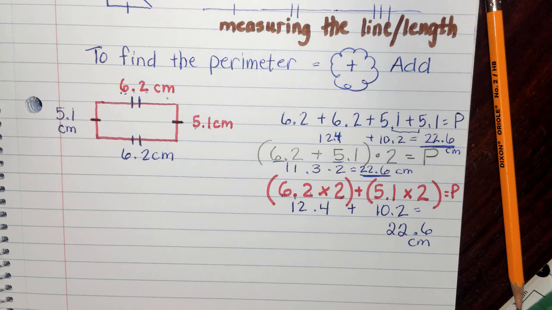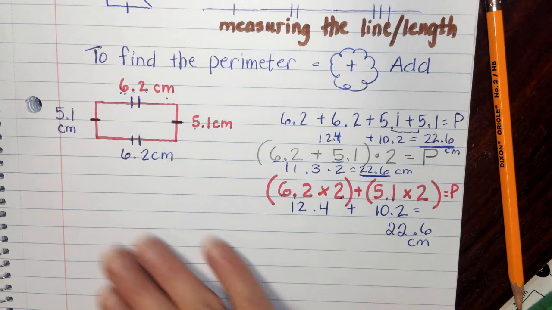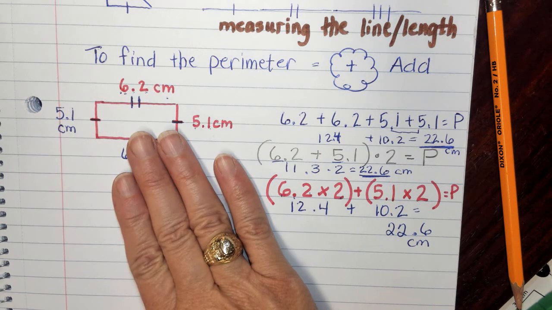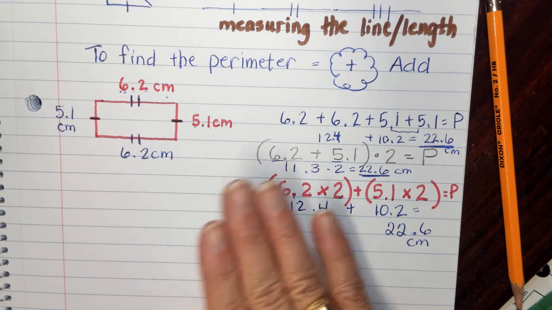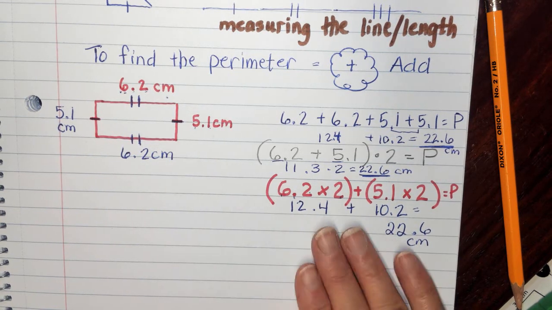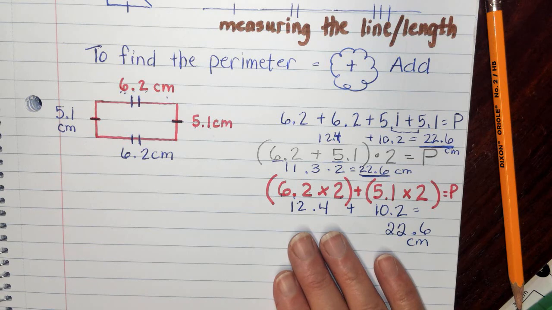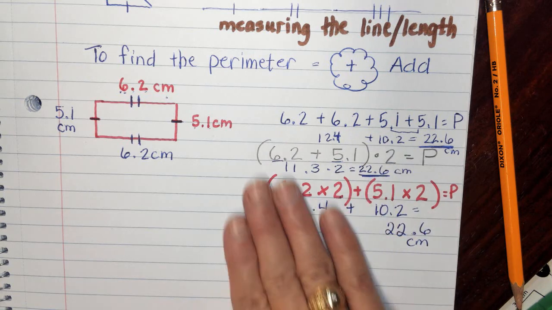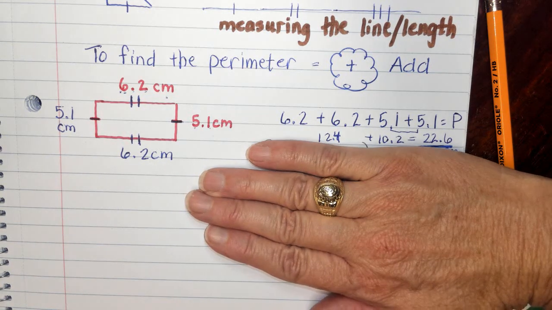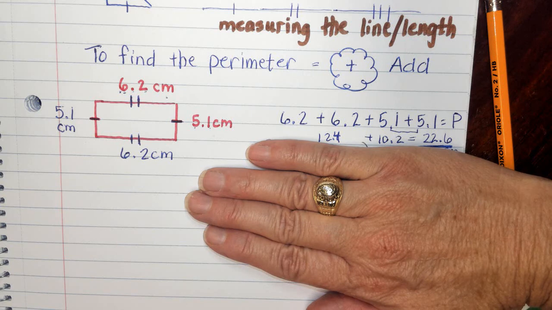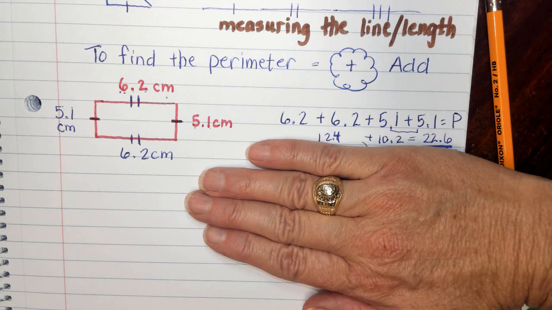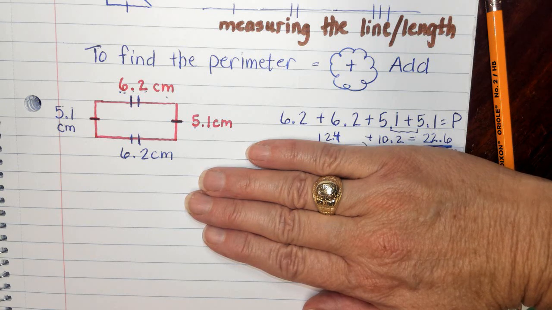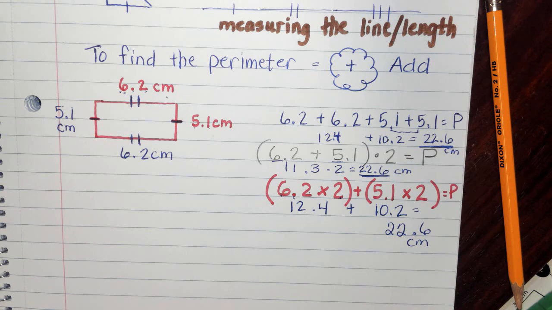So my point being, as we are getting into perimeter, when you see an opportunity where you can be a little more efficient, should you use efficiency to help you add faster? Yeah. Now, if that is still a little fuzzy or confusing, can you always go back to just plain old add? Absolutely. In fact, sometimes if I'm in a hurry, it's just so much easier to just add. I'm not going to lie. Any other questions? All right, that's all I have for notes today.